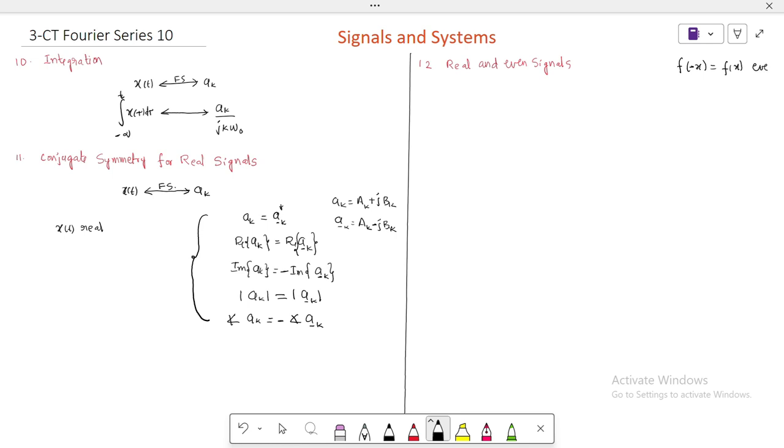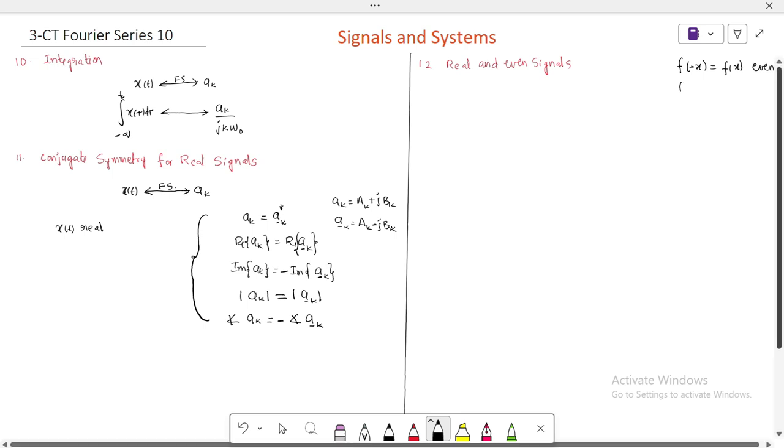So you know real and complex. For the real and even signal, what is the Fourier coefficient? For example, x of t has Fourier coefficient ak.